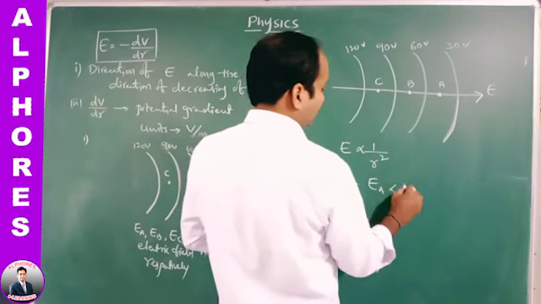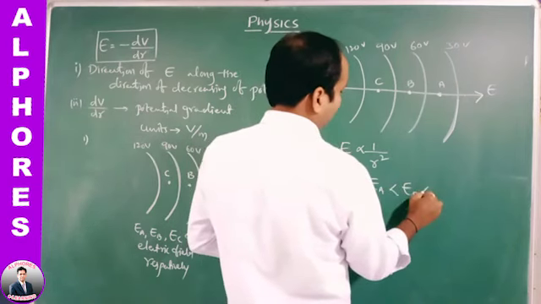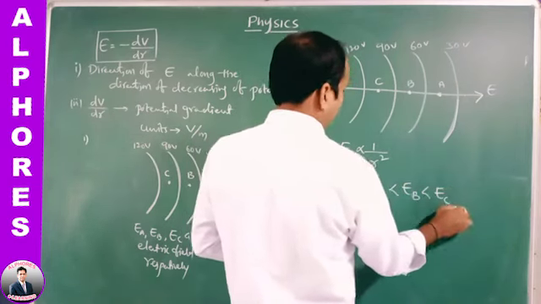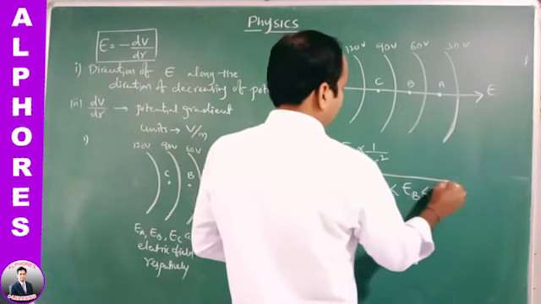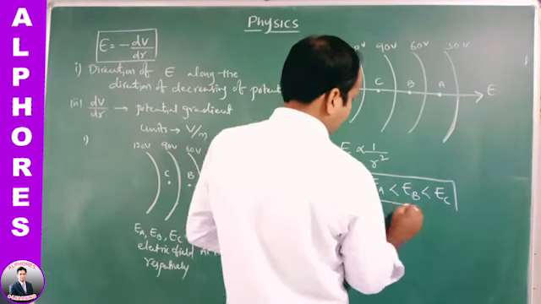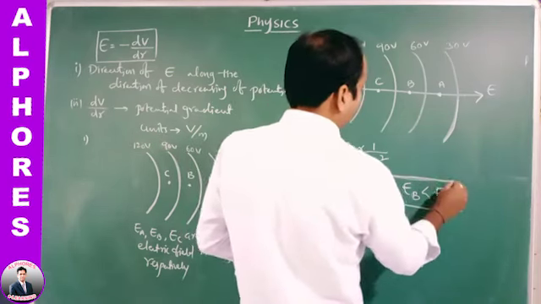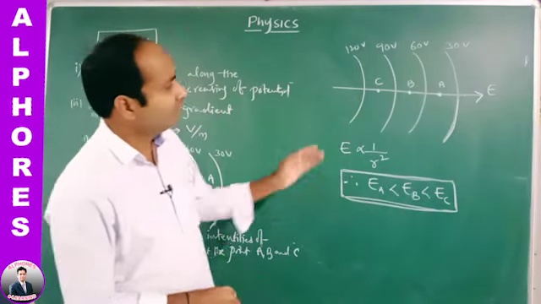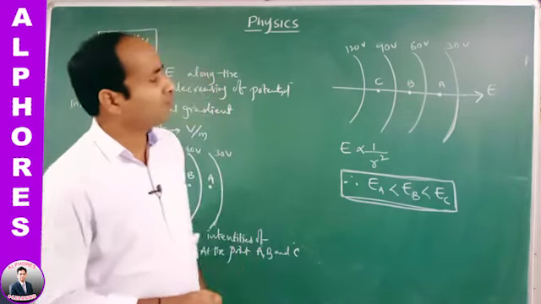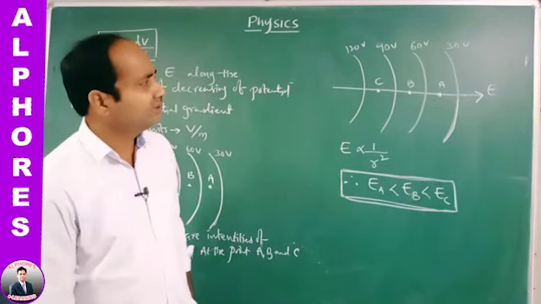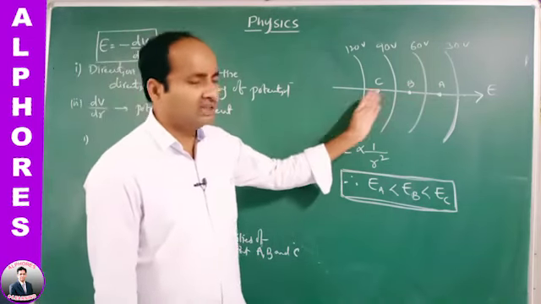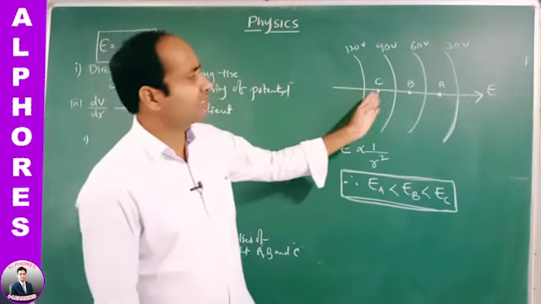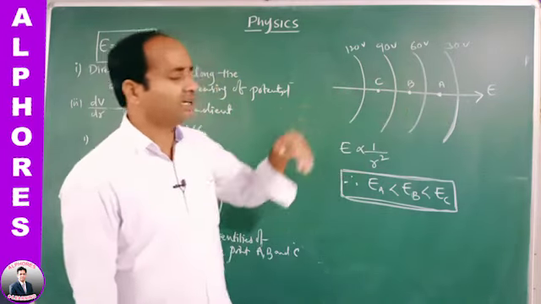EA less than EB less than EC. This is the relation between the electric field intensities. The intensity of the electric field at point A is lesser than B, which is lesser than C. Maximum at C, minimum at A, moderate at B.